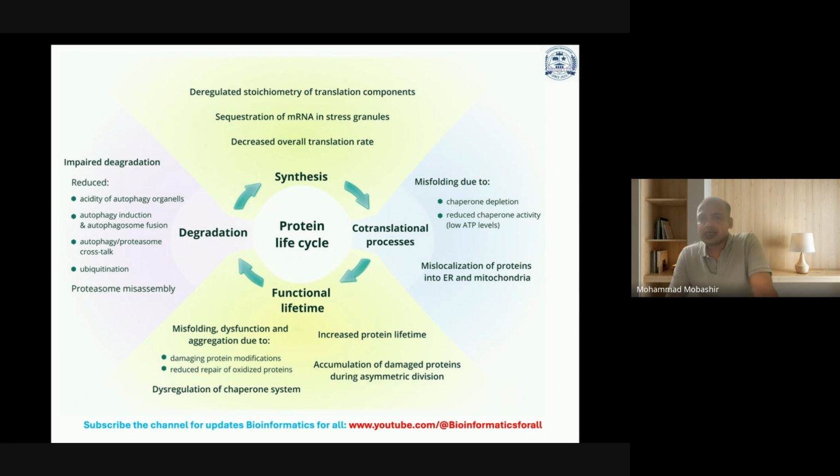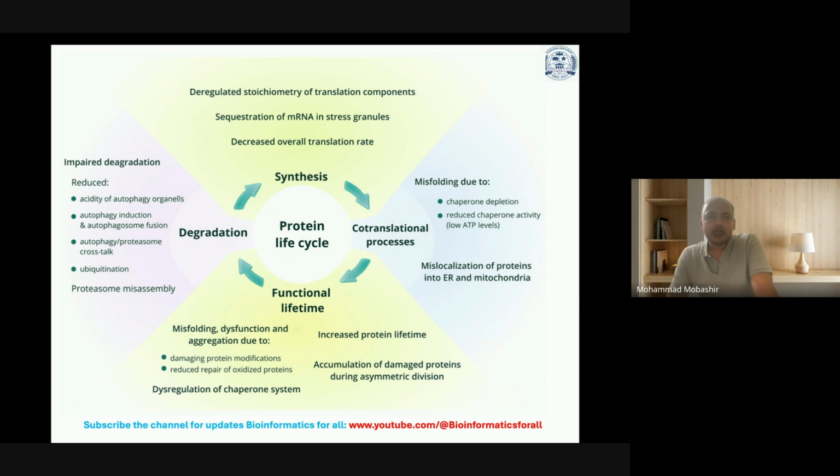Then co-translational processes: misfolding due to chaperone depletion, reduced chaperone activity, or low ATP levels. Mislocalization of proteins into the endoplasmic reticulum and mitochondria. Then functional lifetime: increased protein lifetime, accumulation of damaged proteins during asymmetric division, misfolding, dysfunction and aggregation due to damaging protein modifications, reduced repair of oxidized proteins, and dysregulation of the chaperone system.